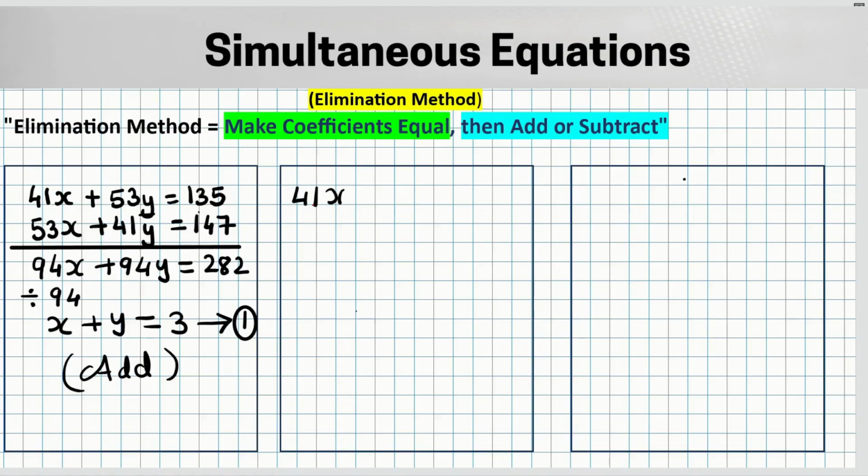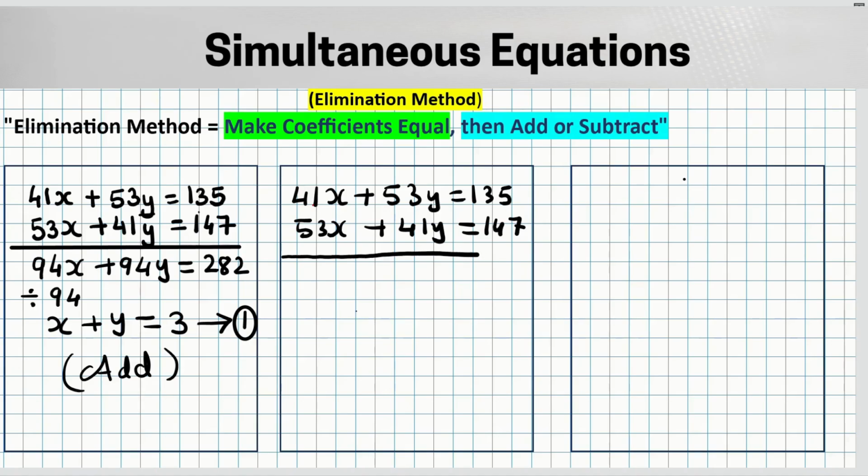So 41x plus 53y is equal to 135, and 53x, the original one, students. The original we are going to subtract, and 147. As we all know, when we subtract the equations, we change the sign. So I am going to change the sign.